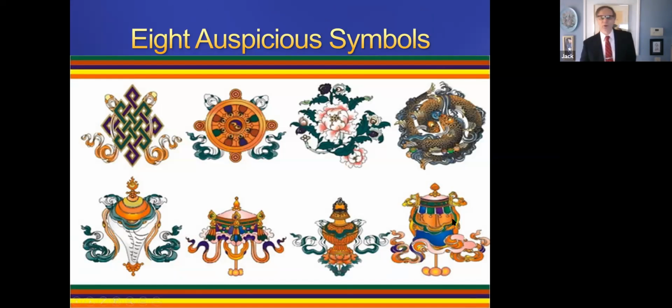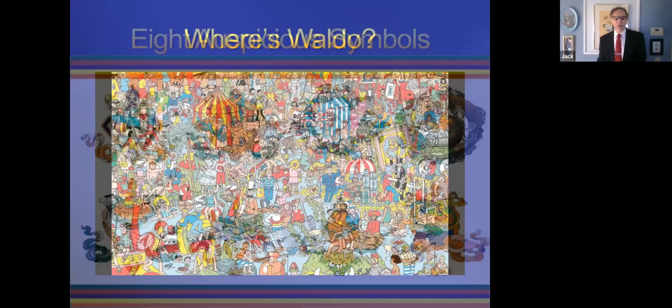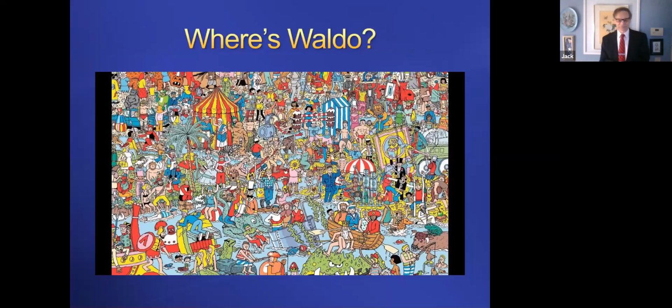Like, for example, over here, here's the fishes, right? And here's the vase, here's the banner of victory, and here's the parasol, right? So they could be the lotus, they could be very much disguised. And to make it even more challenging, they tend to put these into a format where it's almost like one of those Where's Waldo puzzles, where you've got to find Waldo hidden someplace in here.